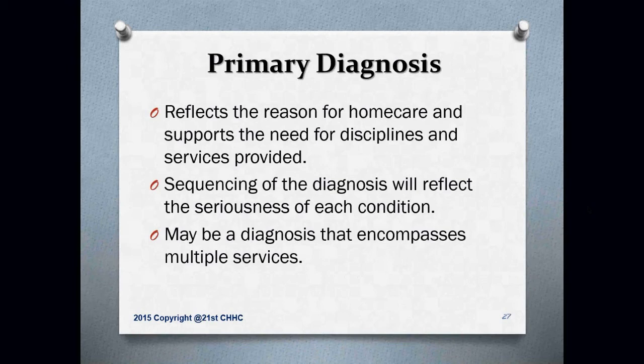That's going to be really important as you start submitting your OASIS and being paid by Medicare. But for your survey, the sequencing is not going to be counted against you if you don't have it exactly correct. And remember, certain diagnoses will encompass multiple services. If one of the diagnoses is aftercare of a stroke or a CVA, that would encompass nursing and possibly home health aides and even some physical therapy.